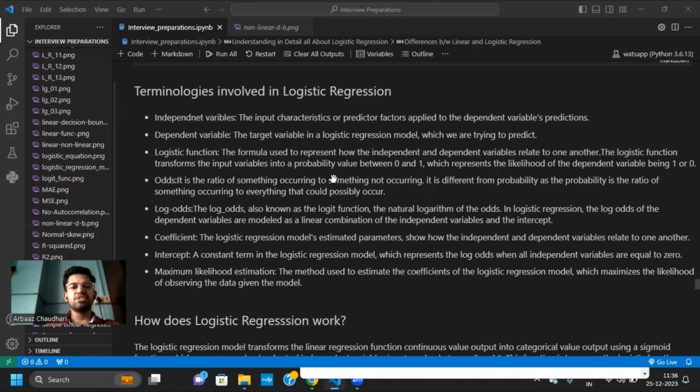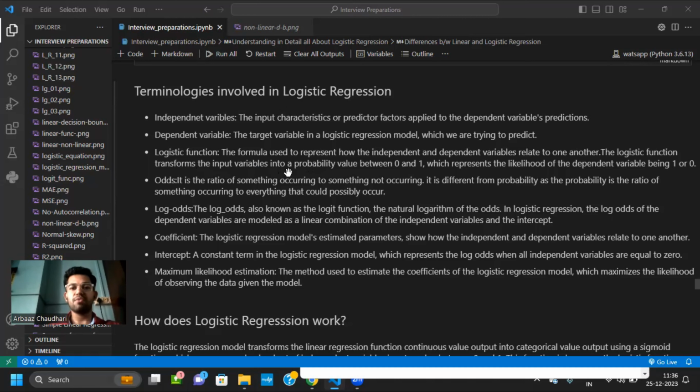The logistic function transforms the input variable into probability values between 0 and 1. This is a very important function which is converting the values to 0 to 1. You have to keep in mind this line: the logistic function transforms, means it is changing, the input variable into probability values between 0 and 1. This is very important.